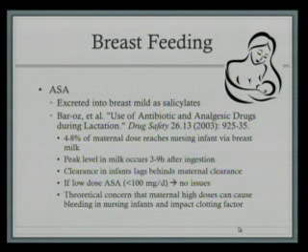If you're on aspirin, it's excreted into milk as salicylate. Barros did a study and showed that 4 to 8% of the maternal dose reaches the infants, and these levels appear 3 to 9 hours after ingestion, and the baby clears it away a lot slower than the mom.